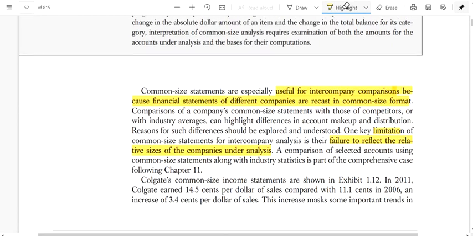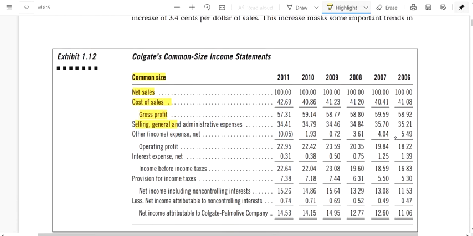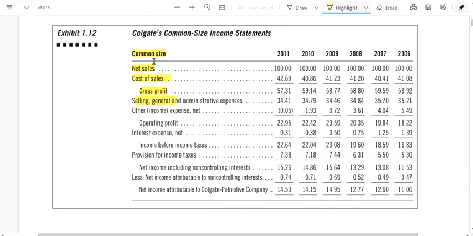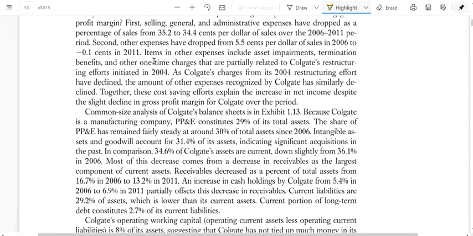Okay, tapi dia pun ada limitation, iaitu its failure to reflect the relative sizes of the companies under analysis. Contoh dia, common size dia net sales, cost of sales, terus dia. Okay, tak perlu nak detail-detail lagi ada apa dalam tu.